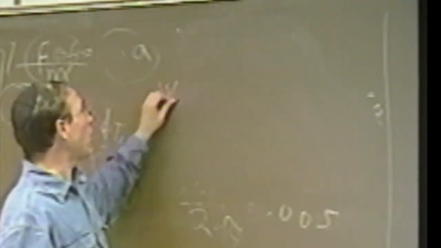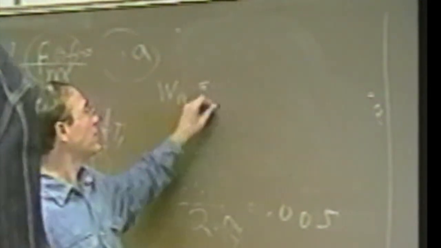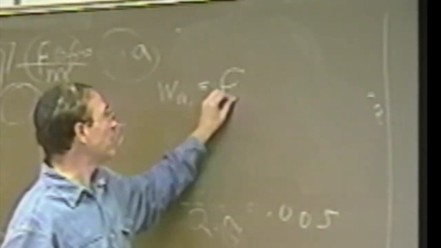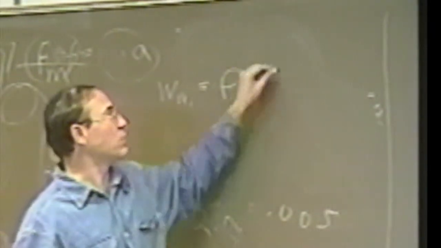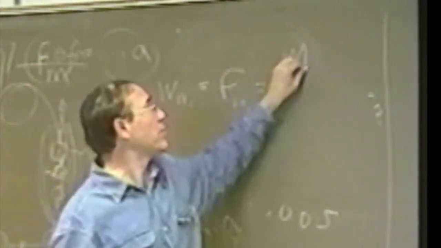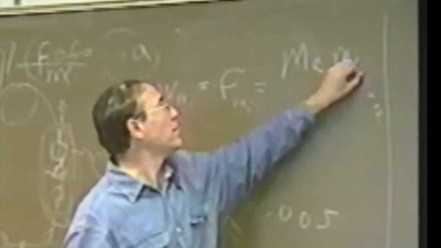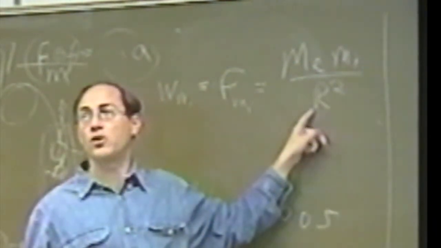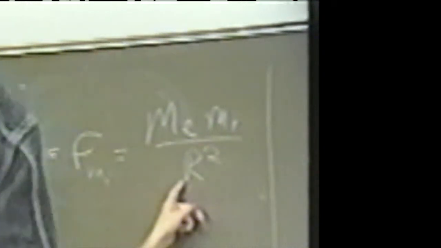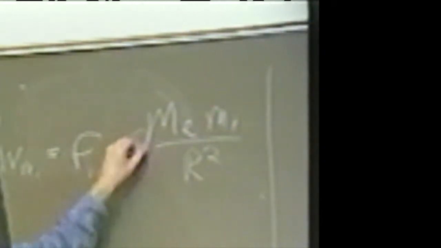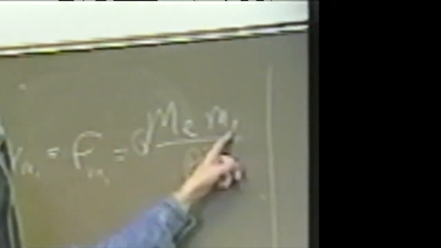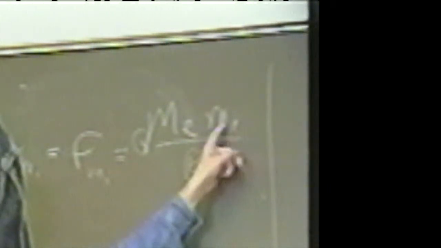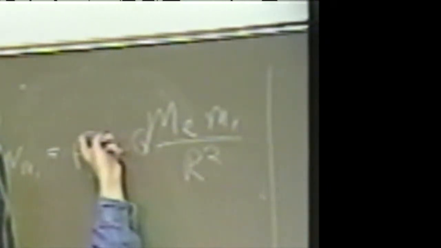The weight of, let's say, object m1 is equal to the force of gravity on object m1, which is equal to what? The mass of the Earth times the mass m1 over r squared, where r is the distance from the center of the Earth to the object, times this constant factor g. If we neglected this mass, we would make it 0. What would be the weight? 0.